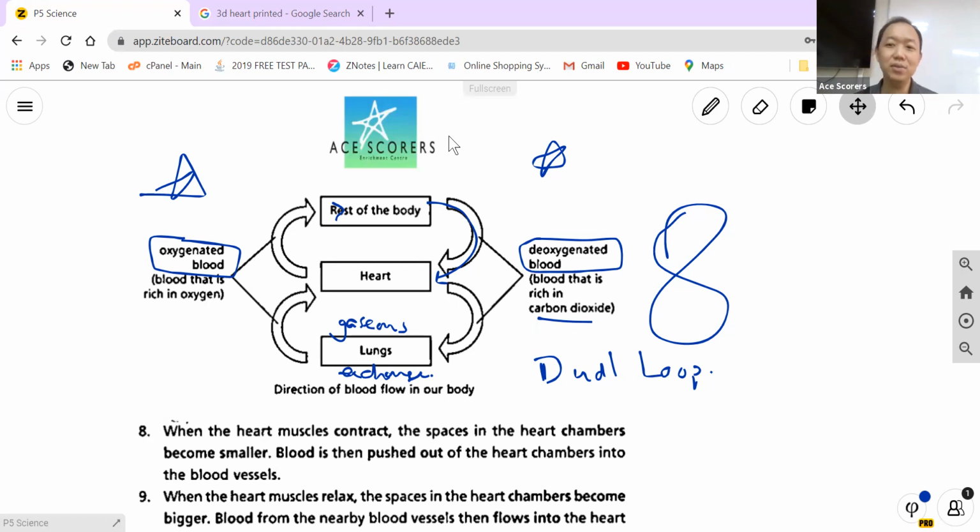Okay, what does it mean when it's not so strong? That means it needs to pump more times. So for example, Ziyi, what type of exercise do you do? Sports, running, skipping, swimming?